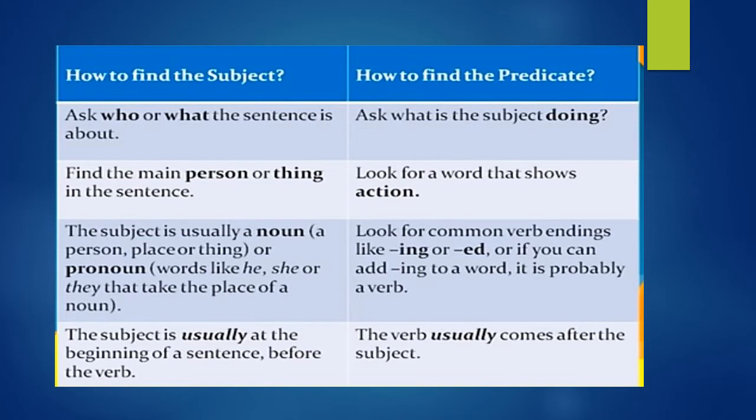The subject is usually at the beginning of the sentence, before the verb, and the verb usually comes after the subject. In this way, you have to find out the subject and predicate from the sentences. Understood, students? Now let's do the assignment.